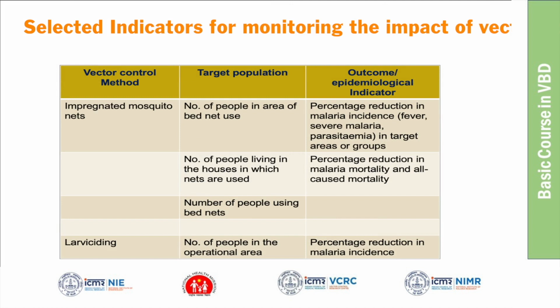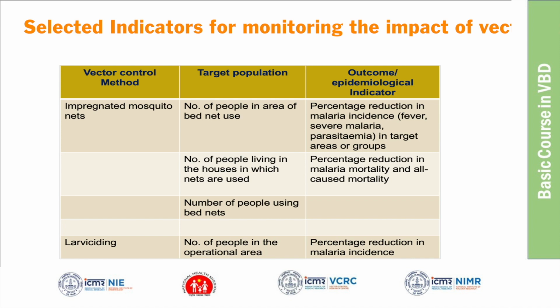Now coming to the outcome or epidemiological indicators. For the impregnated mosquito net: number of people in the area of bed net use, target population you have covered, number of people living in the houses in which the nets are used, number of people using, that is use rate. These are the things you do.